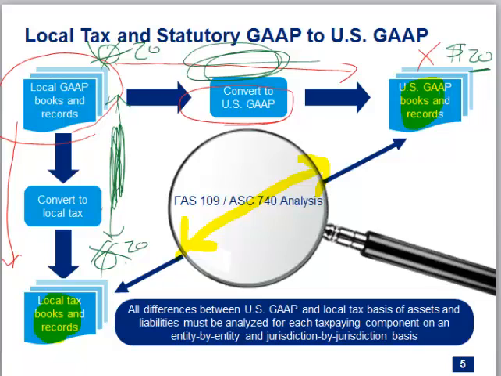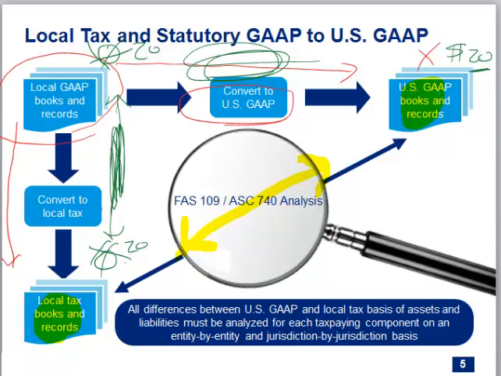So when people are talking to me about what's on their stat financials and I can tell we're getting confused, I'll just tell them, forget there even is a statutory financial report. Forget you even do local financials. Start with GAAP, that's all we care about. Figure out what's permanently different between GAAP and your tax return, and what's a temp item between your US GAAP financials and tax return. And the local people will not like that.